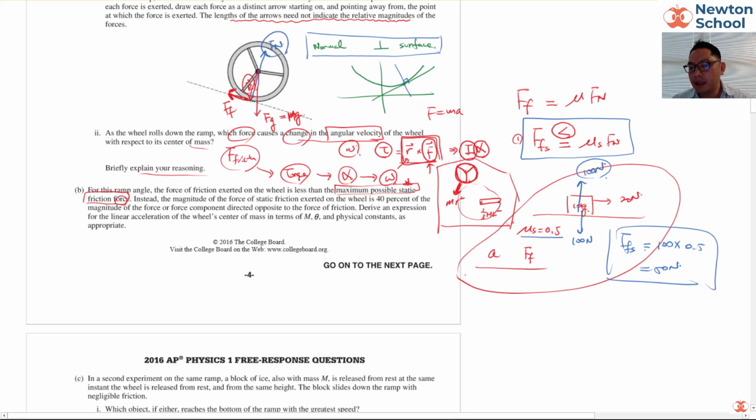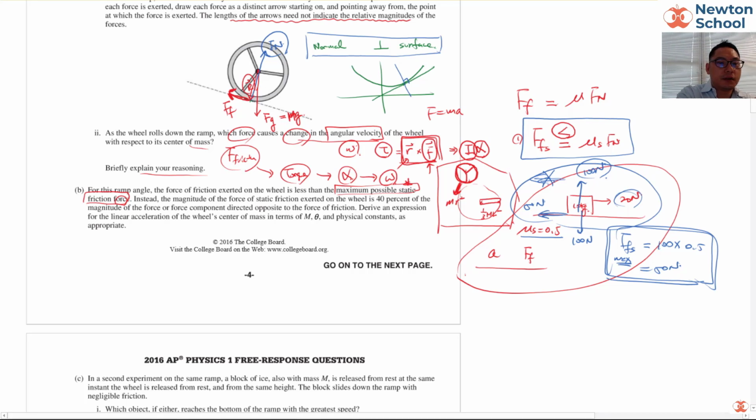This doesn't mean you have 50 Newton force backward, because if this were true, the block would accelerate backward, which is nonsense. I apply 20 Newton forward and all of a sudden this block goes backward with a force of 50 Newton, accelerating backward at probably 3 meters per second squared. That can't be true. So this value is the theoretical maximum static friction.